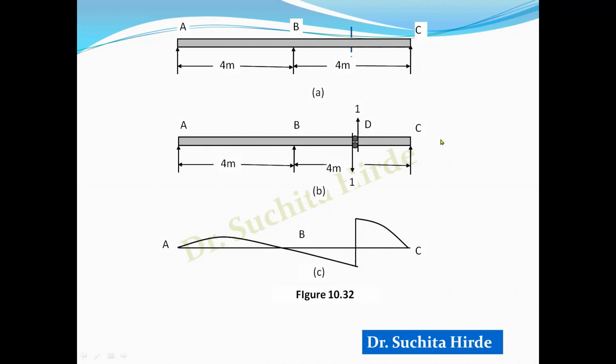So now we are interested to draw the deflected curve for this case. That means we are going to solve this beam by the conjugate beam method to calculate the deflection. So let us see how to draw the conjugate beam for this case.